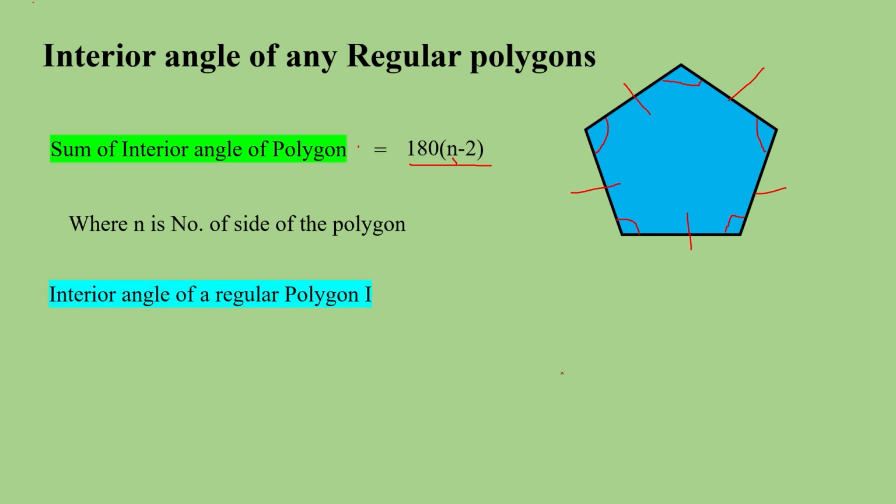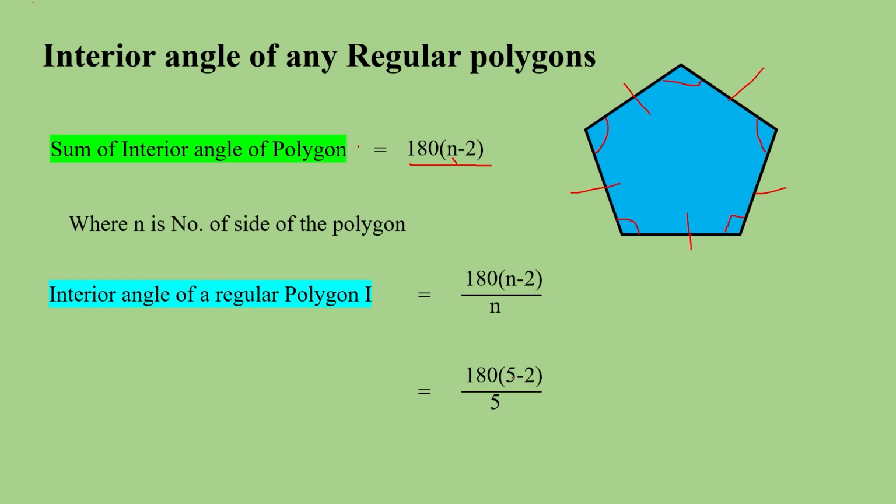And if you want to calculate the interior angle of a regular polygon, how do you calculate it? By using this formula, which is 180 in bracket n minus 2 upon n, by putting the value of n in this equation, we will get the interior angle of a regular polygon. Suppose this is a pentagon with 5 sides, so we will put 5 in place of n.